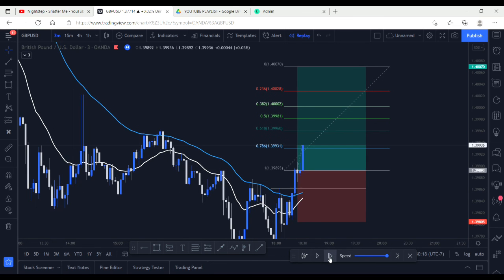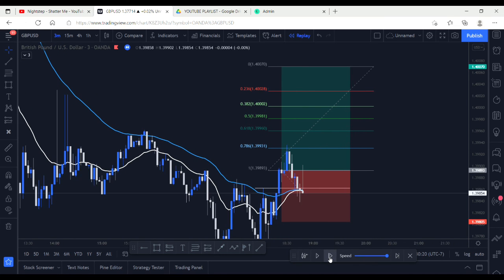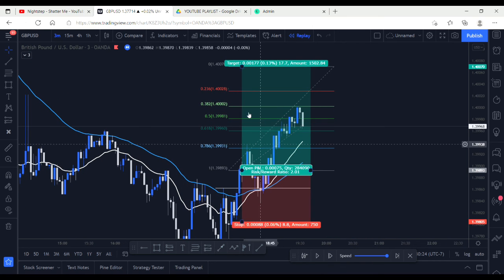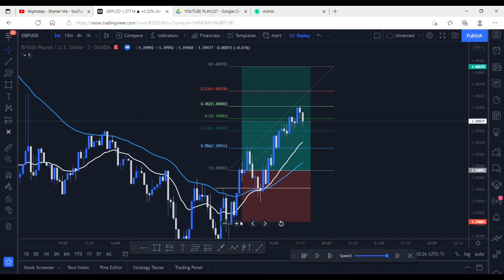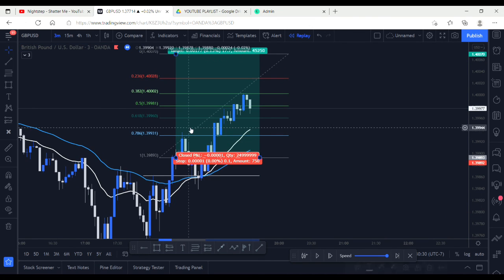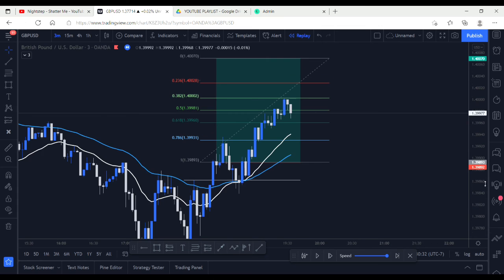Now let's see how it looks like. It's retesting. The candle closed right above it, so we can bring our stop loss to entry, making that a break even trade if it does go down there.